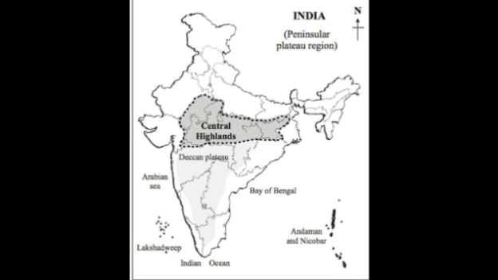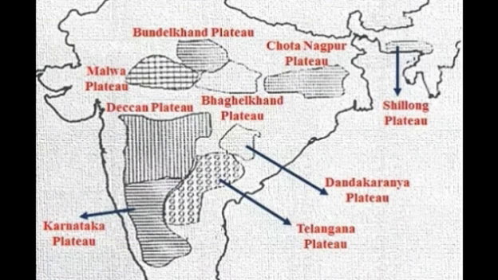The part of the Peninsular Plateau lying to the north of the Narmada River is known as Central Highlands. It covers a major area of the Malwa Plateau. The Central Highlands are wider in the west and narrower in the east. The eastward extensions of Central Highland are locally known as Bundelkhand and Baghelkhand.